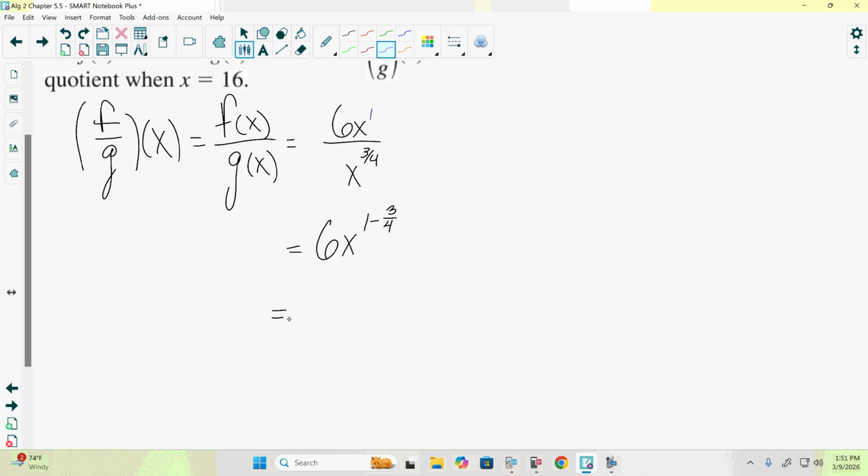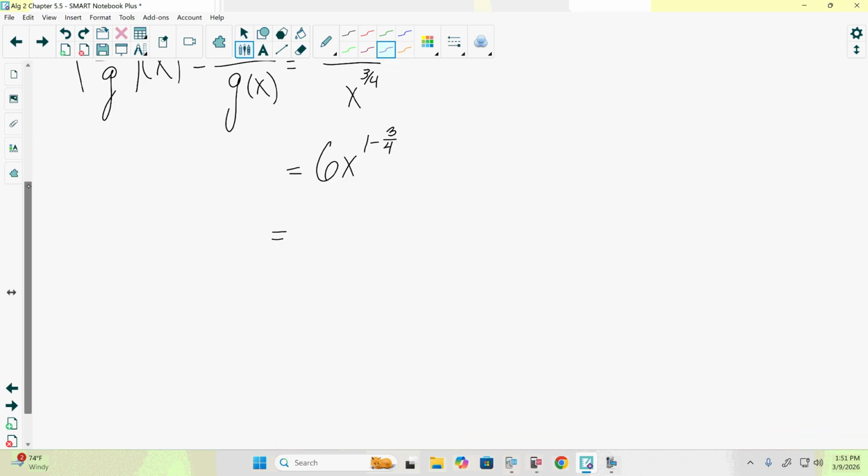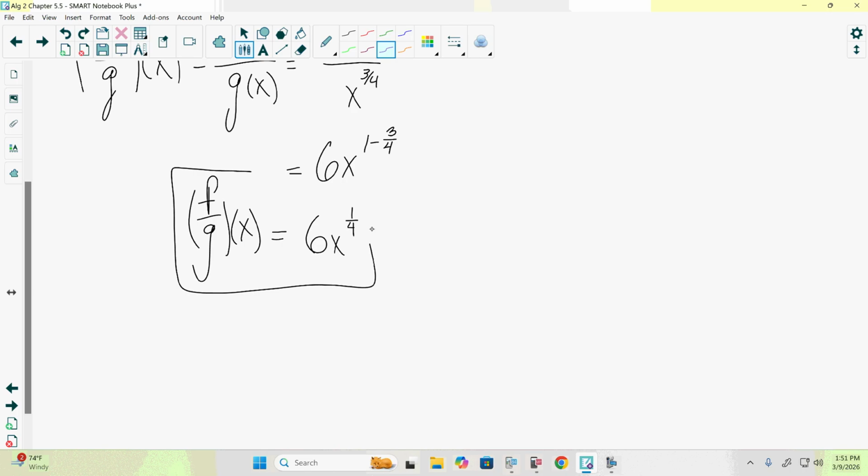Even though it's fractional, the same process still holds true. We're doing 1 minus 3/4. And 1 minus 3/4 is 1/4. So f divided by g of x is 6x to the 1/4.